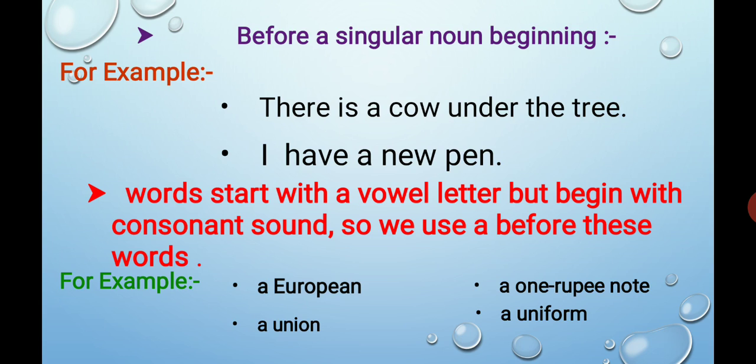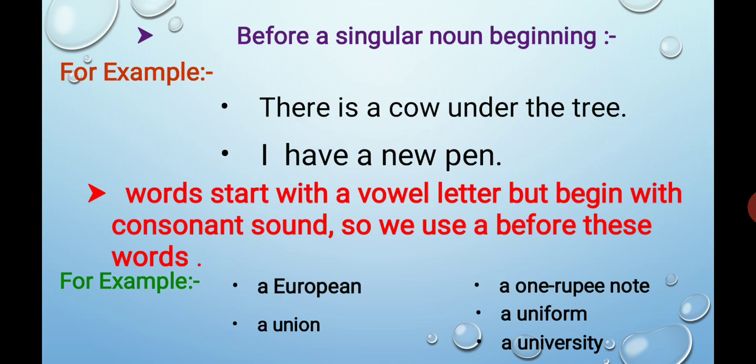That's why we are using a before uniform. And the last example is university. University also begins with U and the pronunciation begins with ya, and as we know ya is a consonant sound, that's why we use a before university. These are the three main rules of using a.